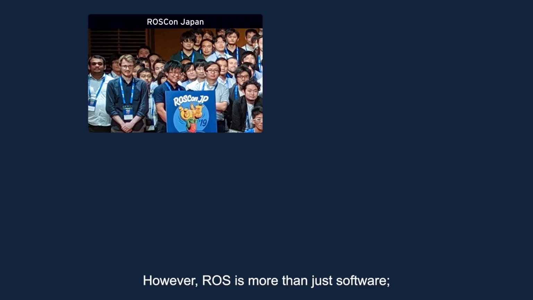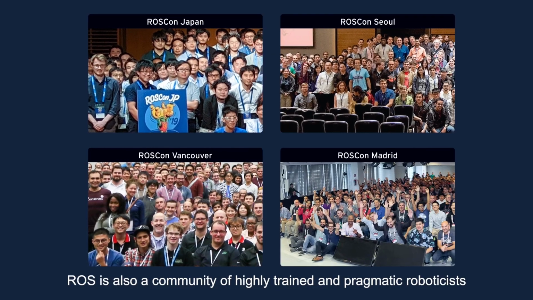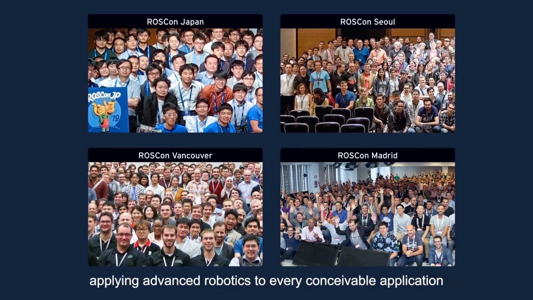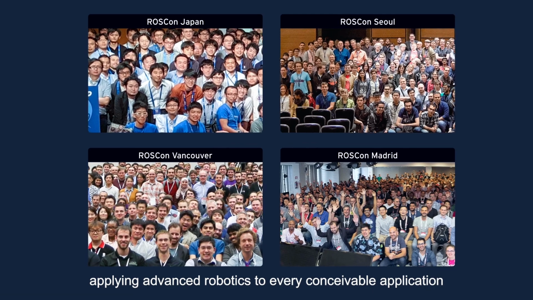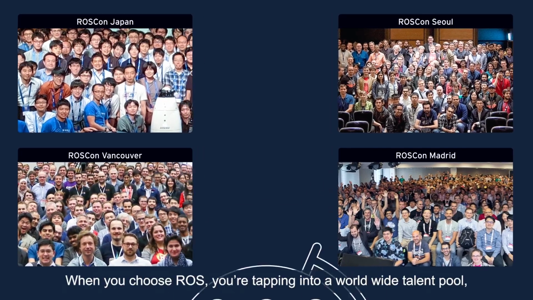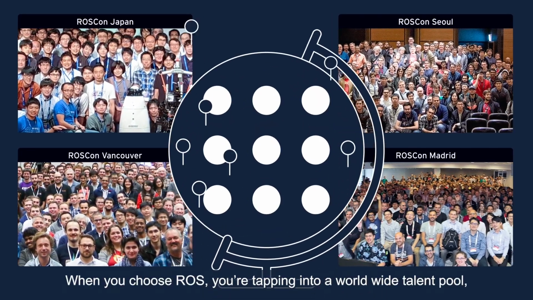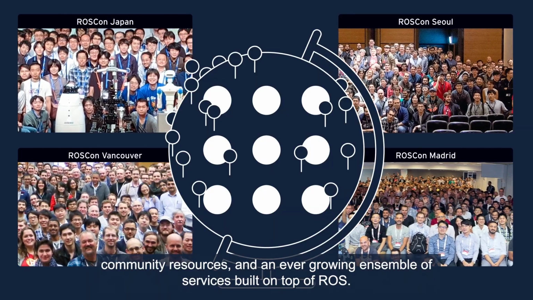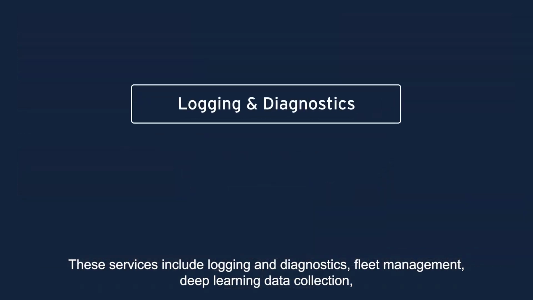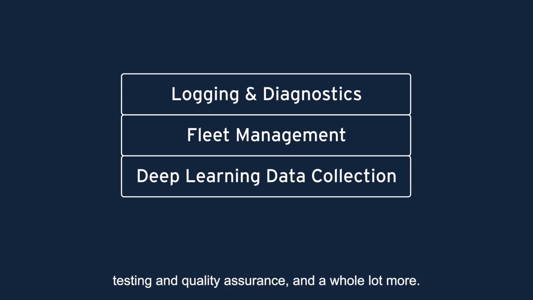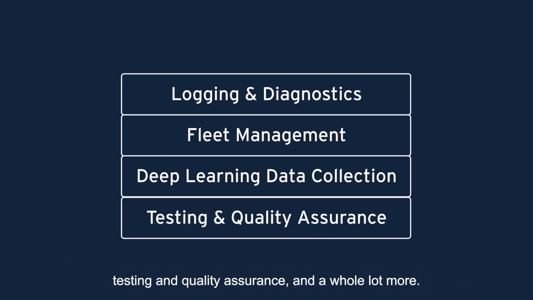However, ROS is more than just software. ROS is also a community of highly trained and pragmatic roboticists applying advanced robotics to every conceivable application while sharing their solutions with each other. When you choose ROS, you're tapping into a worldwide talent pool, community resources, and an ever-growing ensemble of services built on top of ROS. These services include logging and diagnostics, fleet management, deep learning data collection, testing, and quality assurance, and a whole lot more.